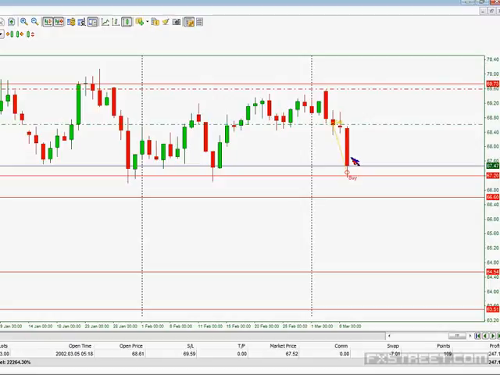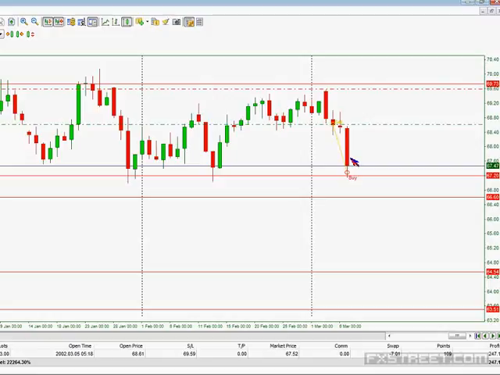So if I'm going to sell a pair, I'm going to use a sell stop. If the market doesn't go down, then I'm not triggered. And if I'm bullish on a pair and I think the market's going to go up, I'll use a buy stop. So the market actually has to go in the expected direction. Otherwise, I don't enter the market.